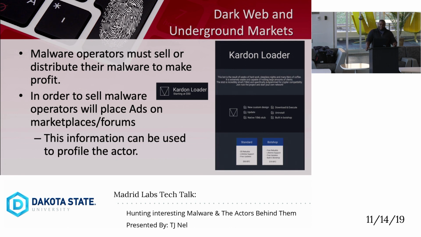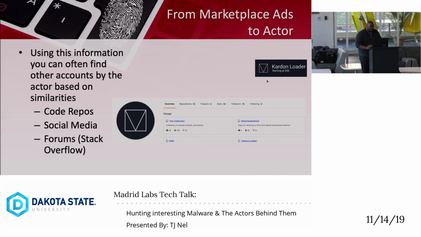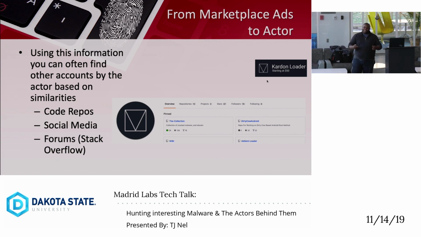Oftentimes you'll see email addresses and things like that that you can pivot off of and find some of their information. You can use this to trace them back to different things where they're using their handle, their email addresses, Jabber accounts, anything along those lines, and you can find more information about them and lead towards what they were doing.